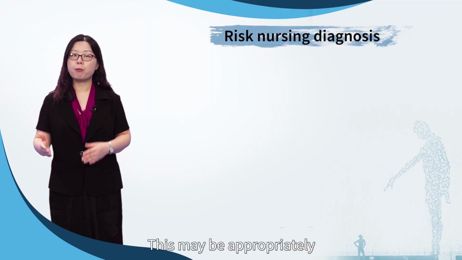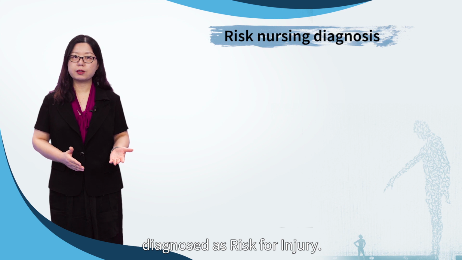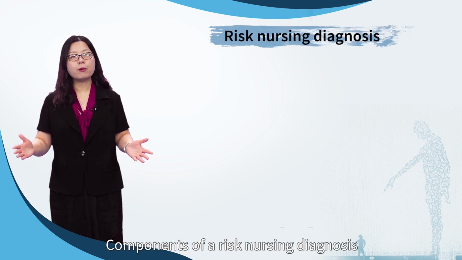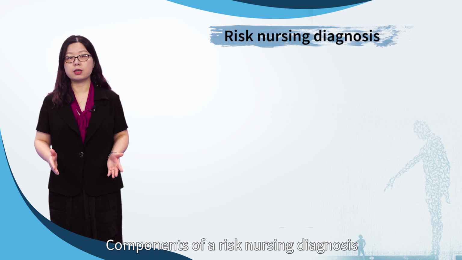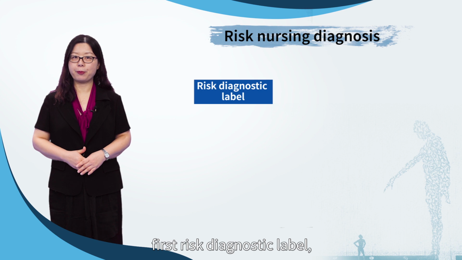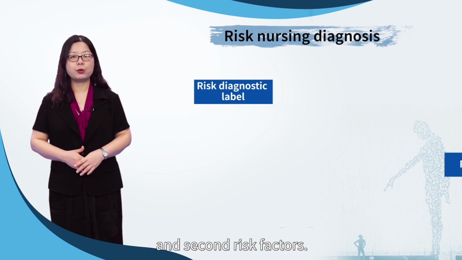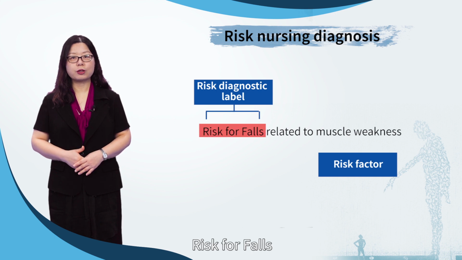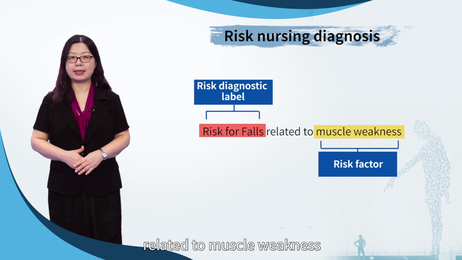This may be appropriately diagnosed as risk for injury. Components of a risk nursing diagnosis include, first, risk diagnostic label, and second, risk factors. For example, risk for falls related to muscle weakness.